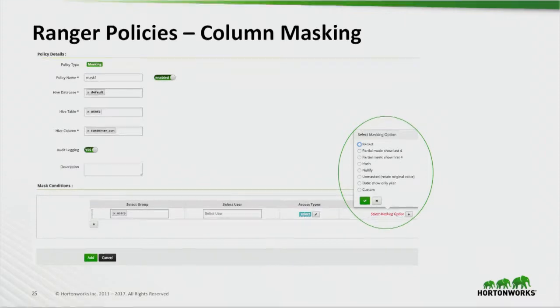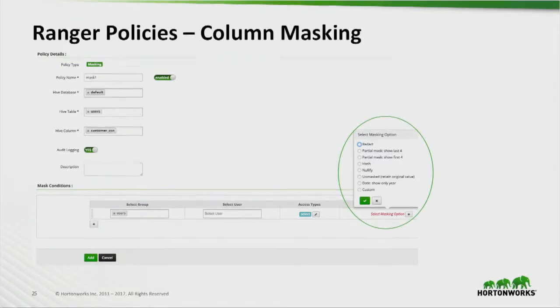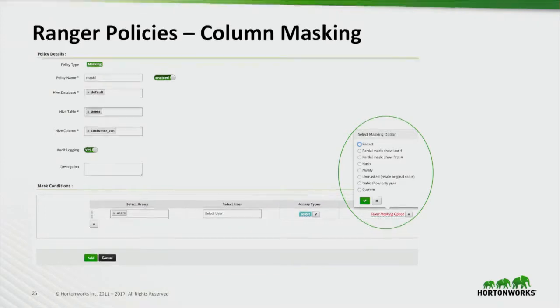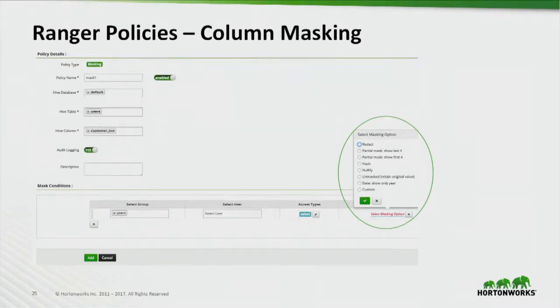Again, it's useful for sensitive data that you might not want every user to be able to look at. Some of the column masking options might be full or partial masking of column contents, or replacing the entire contents with either a hash of the data or just a null value.